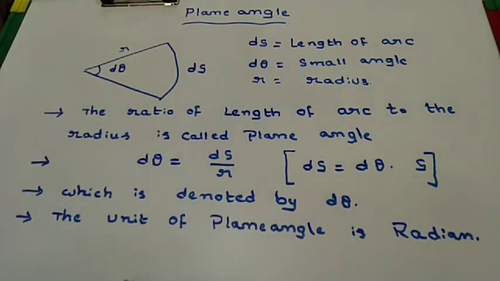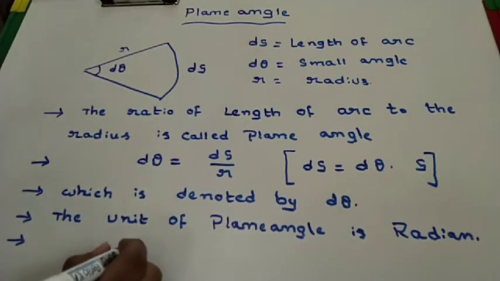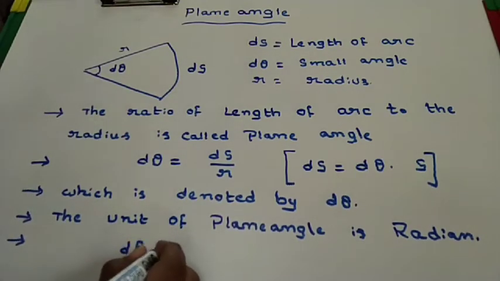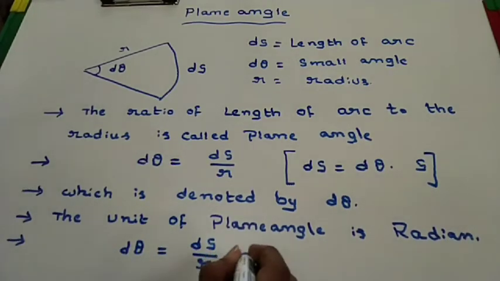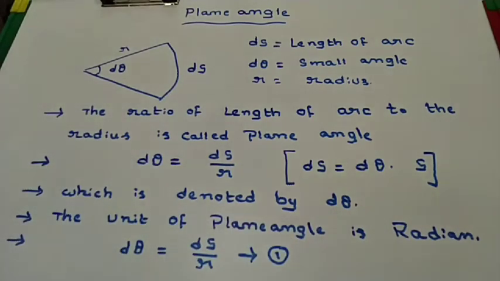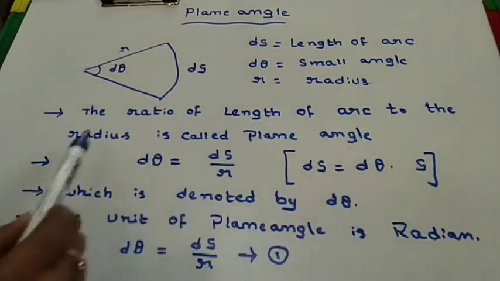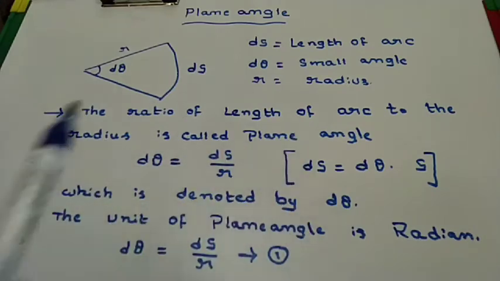These are the points we have to remember. Once again, the main point here is d theta is equal to ds by r. Consider it equation number 1. This is important. Please keep it in a bracket. Now plane angle can be defined as the ratio of the length of the arc to the radius.